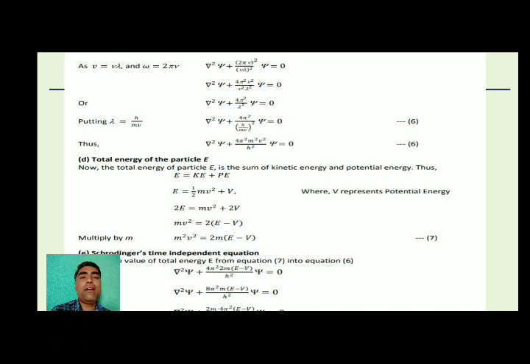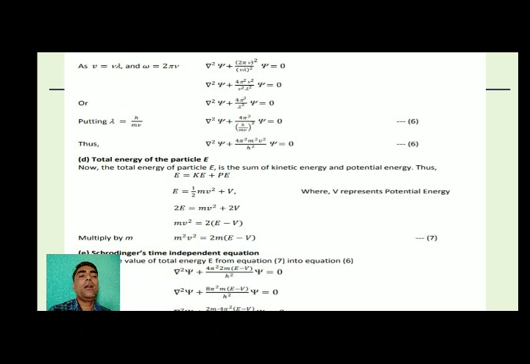If we substitute v as νλ and ω as 2πν in the second order differential equation, it becomes ∇²ψ plus, in place of ω substitute 2πν, so (2πν)² divided by, in place of v substitute νλ, so v² becomes (νλ)², times ψ = 0.